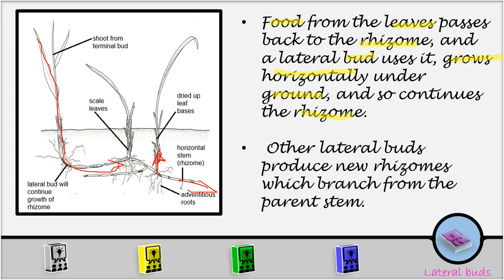On the other hand, the other lateral buds produce new rhizomes, which branch from the parent stems. So we have the different buds. The terminal buds will produce the shoots. And the lateral buds will produce new rhizomes, which will branch off from the parent.